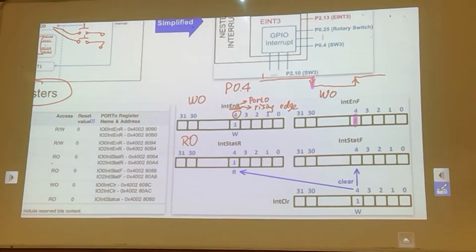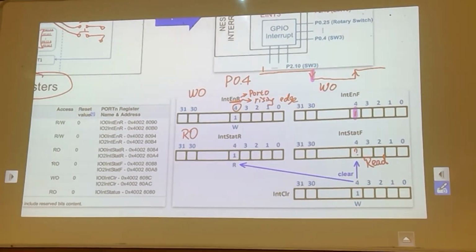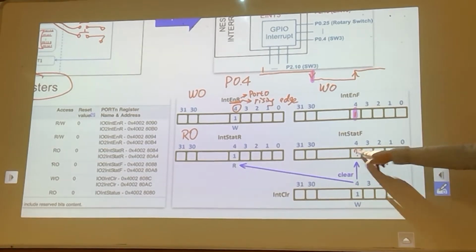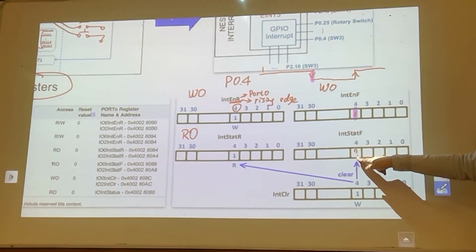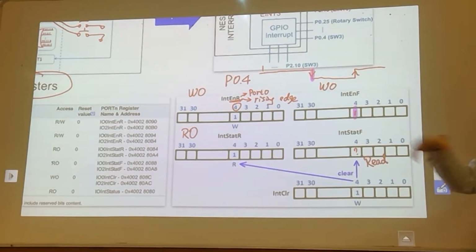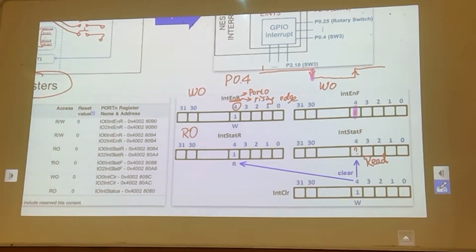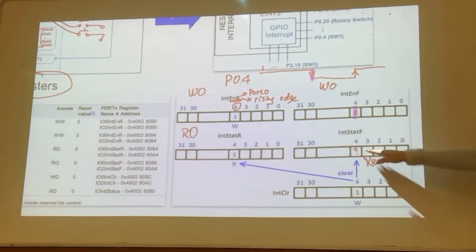So basically here you need to read here, and once you realize here becomes 1, there's an if statement, right? If this one is 1, you write your code, like turn on the light or play the music, the event that you want to trigger by this interrupt.